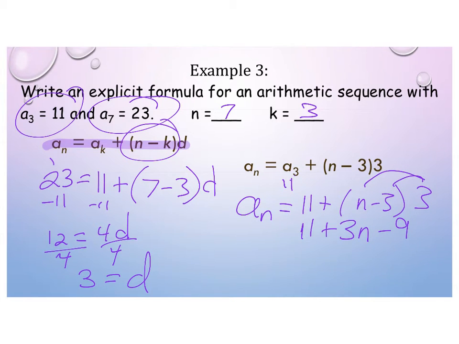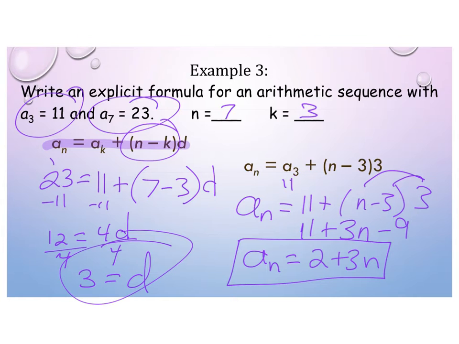Well, 11 minus 9 is 2, sorry. 2 plus 3n. That's my explicit formula. But notice I also had to find d.